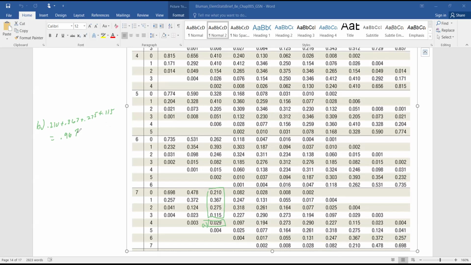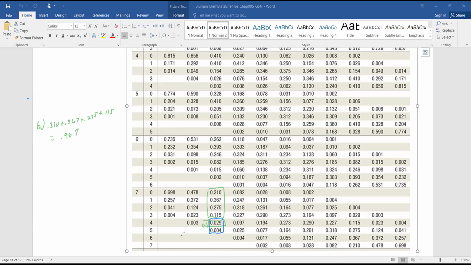Part C, at least 4. So that means 4 or more. So that means this time I would add up these two numbers. Now, you might be asking, why are these numbers not here? It's because it's so small of a number that it's just 0.